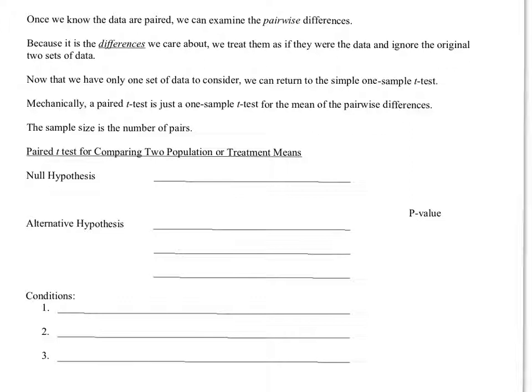So because there's only one set of data, we're going to return to a one-sample t-test. A paired t-test is just a one-sample t-test for the mean of the pairwise differences. The sample size is the number of pairs.